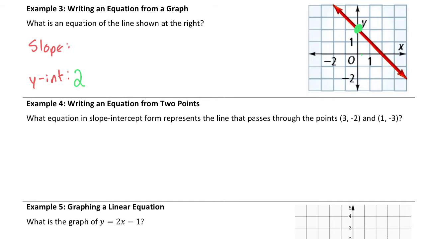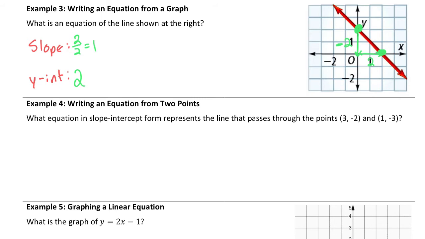As far as the slope goes, we can count the slope by picking 2 points, any 2 points on the line, and counting. So the change in y goes down 2. The change in x goes right 2. So our slope is 2/2, which is really just 1.